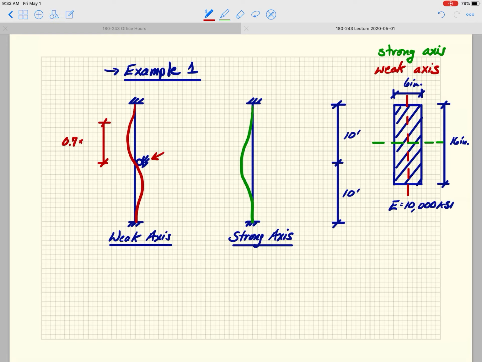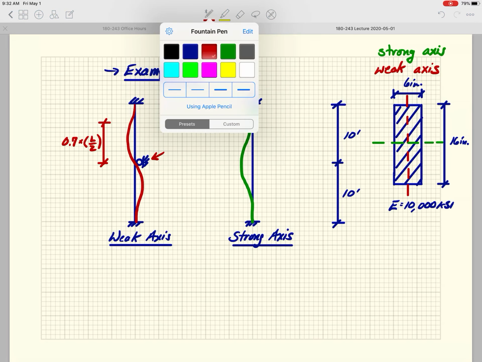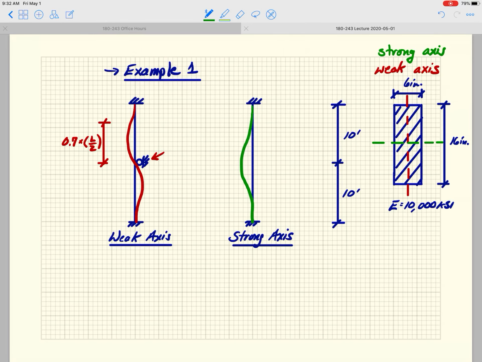So this is 0.7 times L over 2, where L is 20 feet. And this one here is 0.5 times L, where L is 20 feet, so 0.5 times L is 10 feet.